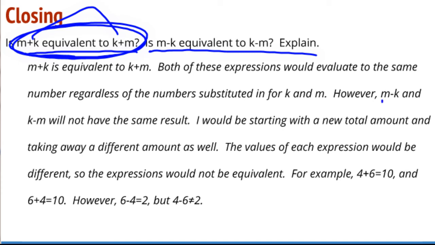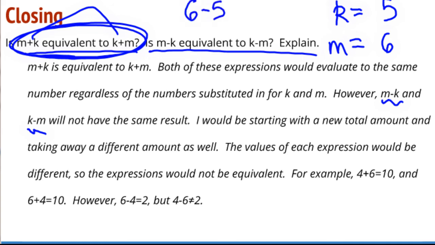Now, m minus k and k minus m, they're not going to have the same result. You would be starting with a new total amount. Substitution is a great way to look at this. If I've got k is 5 and m is 6, m minus k, 6 minus 5, is not the same as k minus m, 5 minus 6.